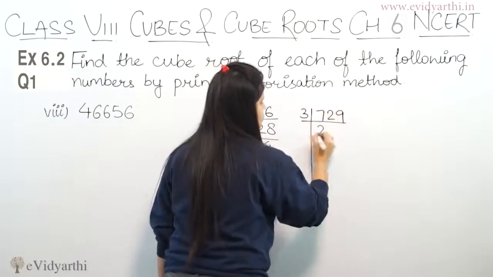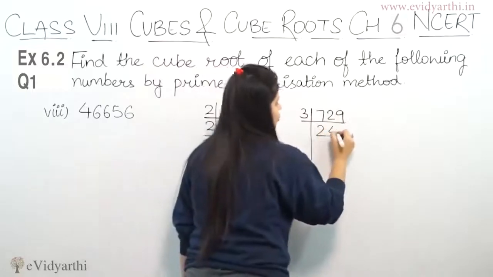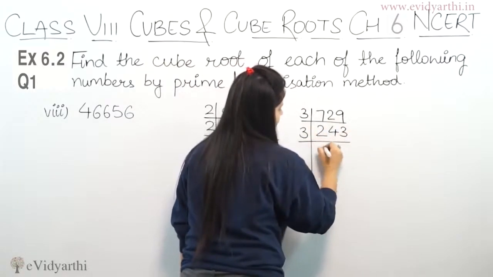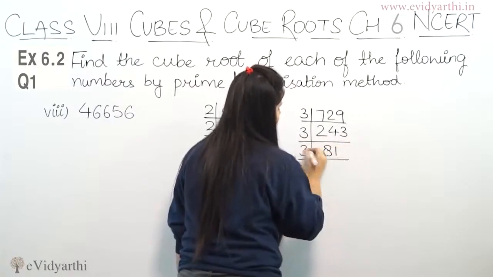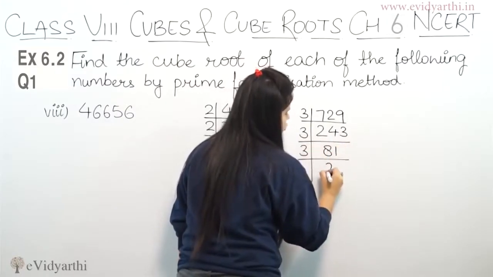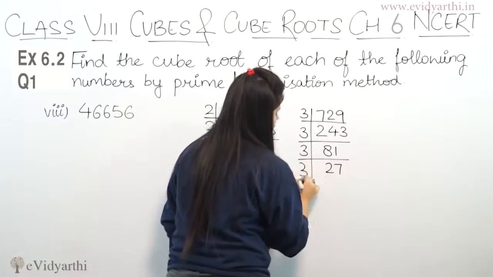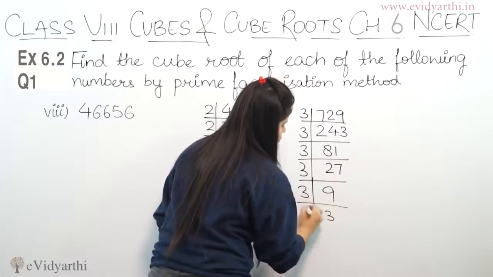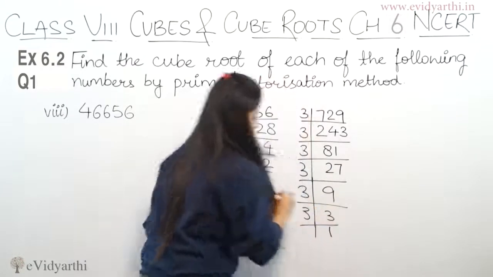We will get 243. Again with 3, so 81. Again with 3, so we'll get 27. Again with 3, we'll get 9, 3, 3, 3 and 1.